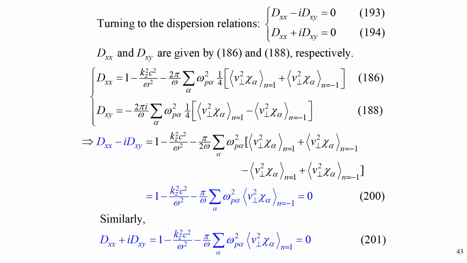So turning to the dispersion relations, we have D_xx minus iD_xy, and in this case we have these relations. Similarly, D_yx, D_xx plus iD_xy, we have another case. Quite similar, right?